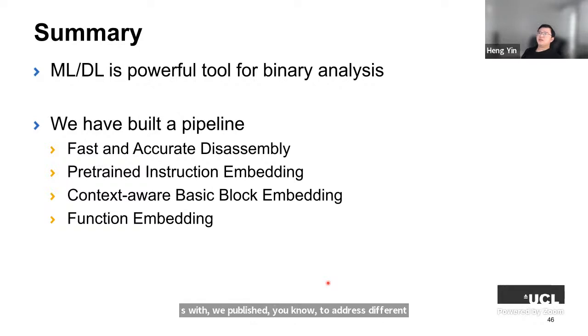And in somewhat retrospective fashion, we showed that we can build a good pipeline that starts with fast and accurate disassembly, and we can produce better instruction embeddings, and on top of that, better basic block embeddings and function embeddings to address different downstream binary analysis applications. With that, I conclude my talk, and I welcome your questions.